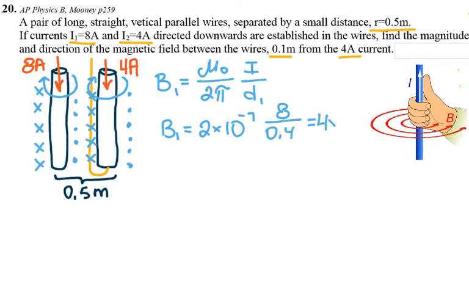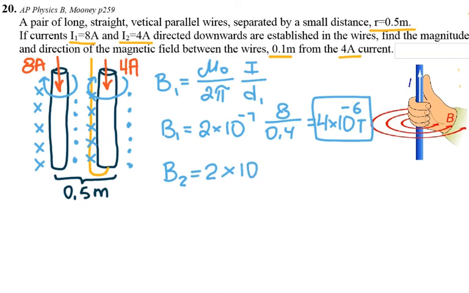That will give me 4 × 10^-6 Tesla, and that one is directed toward me. And for the second one, with the 4 amps in it, I have 2 × 10^-7, now the current is 4, divided by that distance, which is only 0.1. That will give me 8 × 10^-6 Tesla.